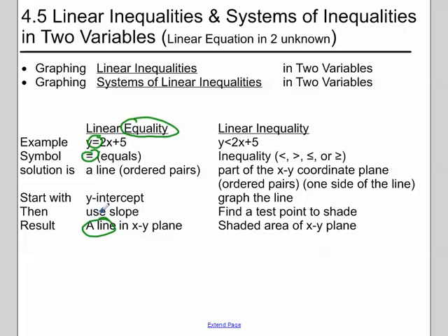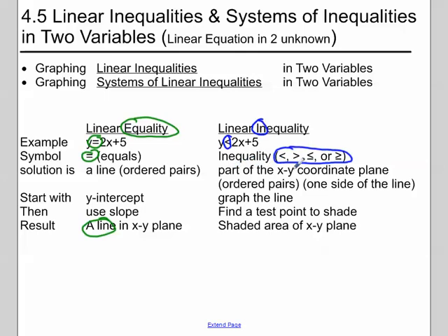If we talk about linear inequalities, we've got one of these symbols: in order left to right, less than, greater than, less than or equal to, and the last one is greater than or equal to. In other words, this side is greater than or equal to this side over here, and that's where the inequality comes in. There's no equal sign, there's an inequality.